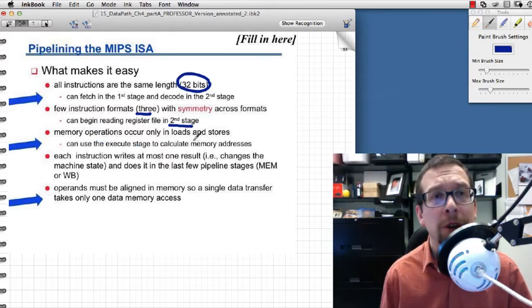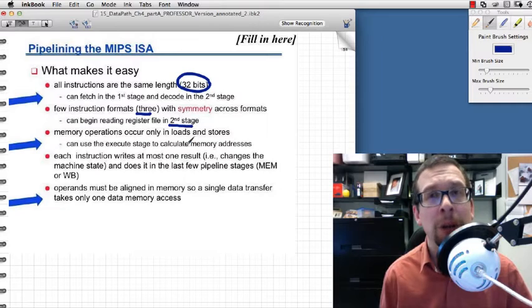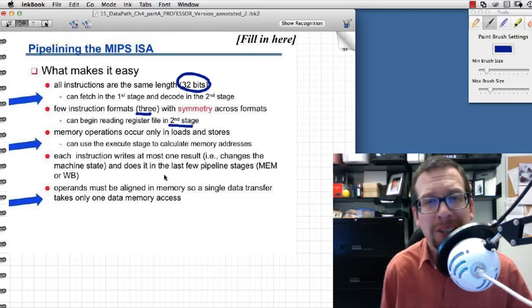Memory operations occur in loads and stores. So any access to memory itself is happening with a load word or a store word or one of those similar functions. Each instruction writes at most one result and changes the machine state once, and does it in the last of the pipeline stages. So we know when it's going to happen with respect to other instructions or sub-instructions, stages or cycles.